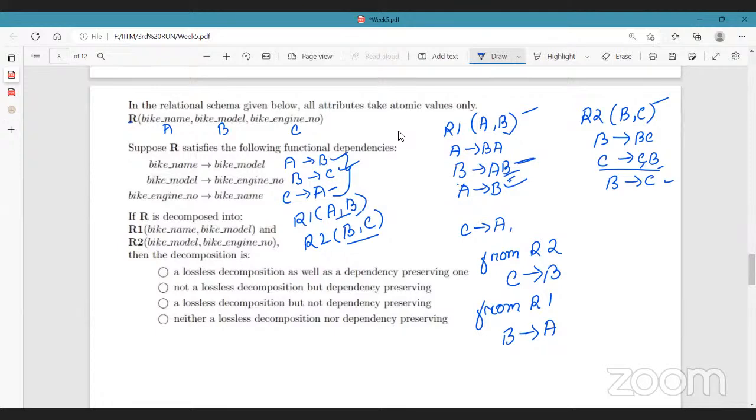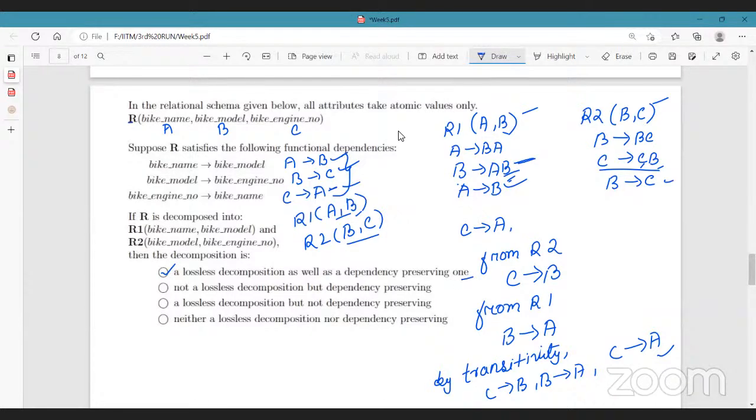Then by the transitivity rule, C to B and B to A gives C to A. So we have got all the three functional dependency sets, right? By that we can say it is a lossless decomposition as well as a dependency preserving one.